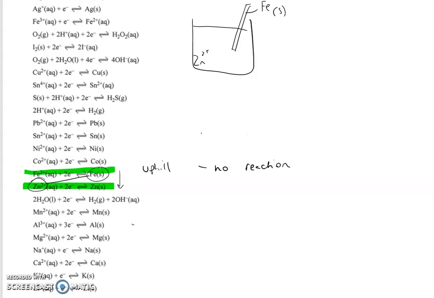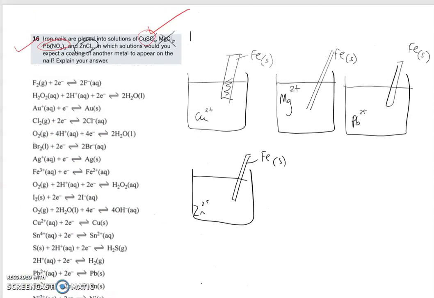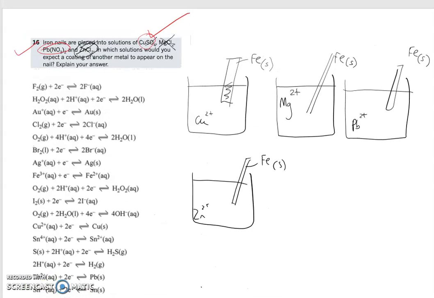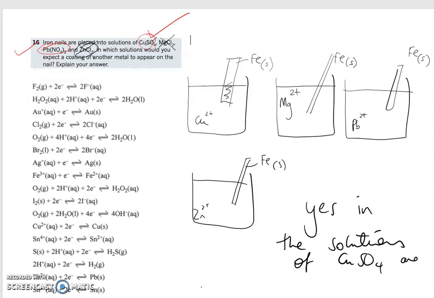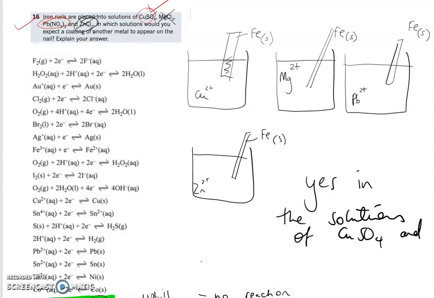So uphill line, no reaction, no deposit of zinc in this case, that won't appear. And so that's a no for that one. So the answer is yes in the solutions of copper sulfate and lead nitrate.